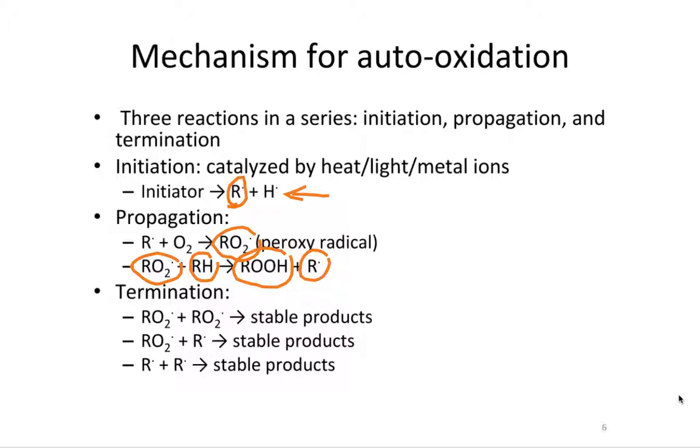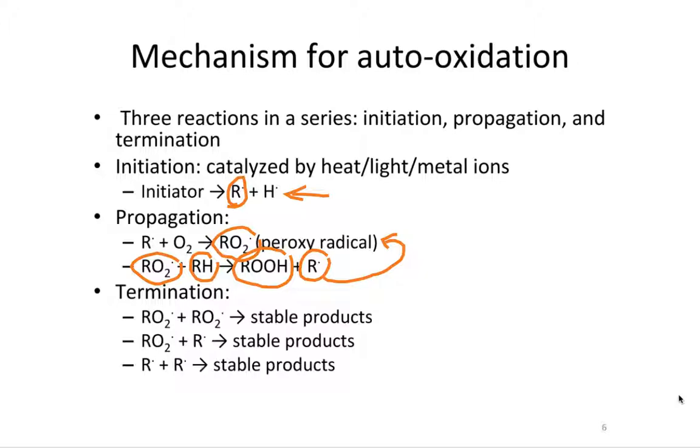And so you can see this R dot can feed back into the first step, and this process can continually lead to degradation of the active ingredient through oxidation. So that's propagation. The process of autooxidation is being propagated by continual generation of R dots or free radicals.